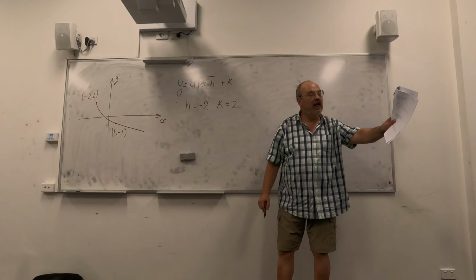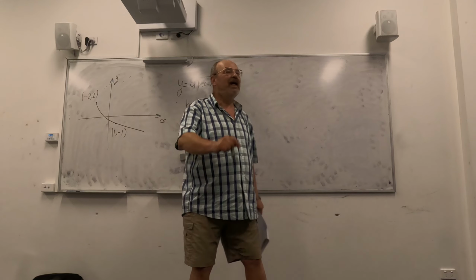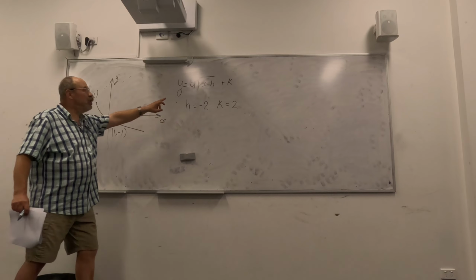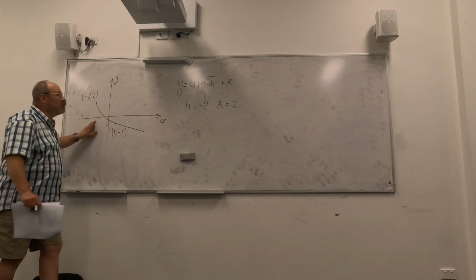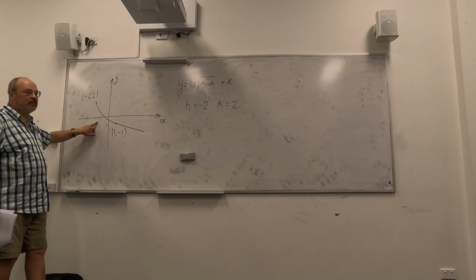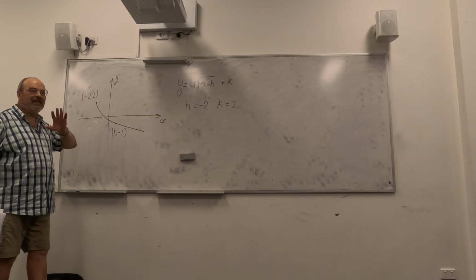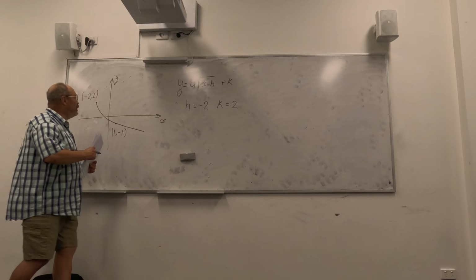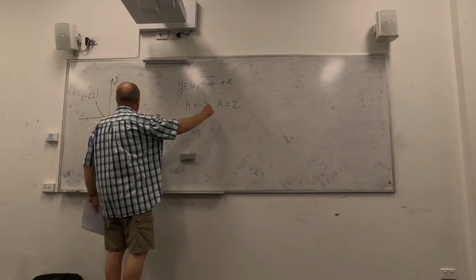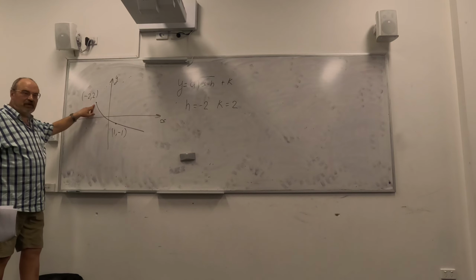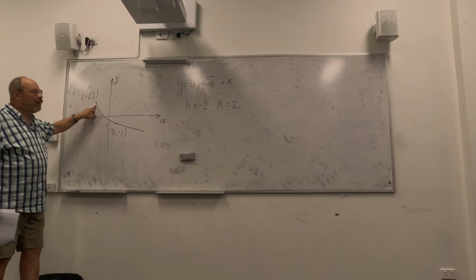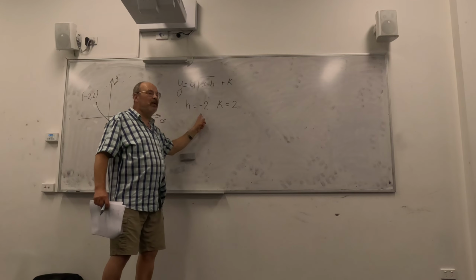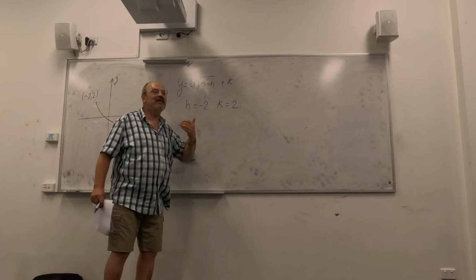Let's clarify this. If h equals 2, we take x minus 2, but the starting x is negative 2, so it is x plus 2 because minus minus will be plus. And k equals 2, everyone agreed.